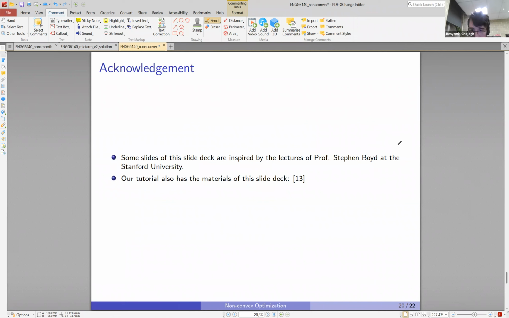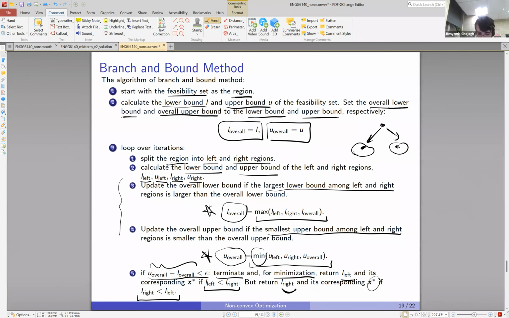So I talked about sequential convex programming as a local optimization method and also branch and bound method as a global optimization method. Before I finish that, let me say it was one of my first papers. I have a paper related to branch and bound method, but I proposed a tree-based optimization. I called it TBO, short for tree-based optimization, for meta-heuristic methods.